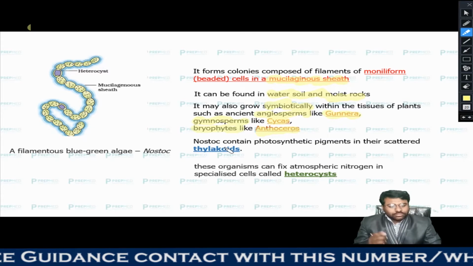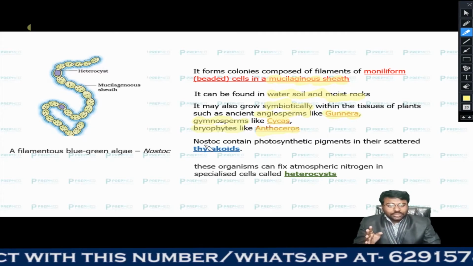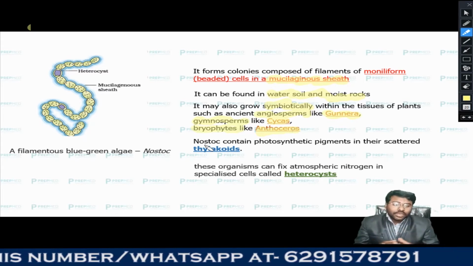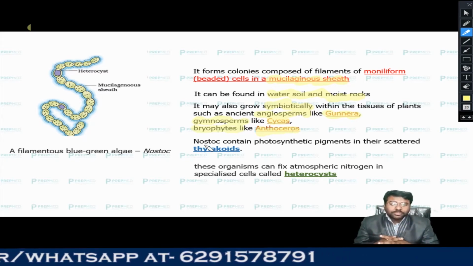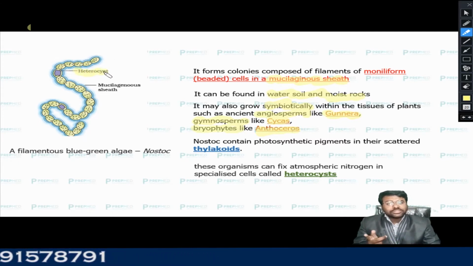And this question is asked many times: where in the cytoplasm are the photosynthetic pigments present? In the options, the heterocyte is given. But remember that the heterocyte is not a photosynthetic part.